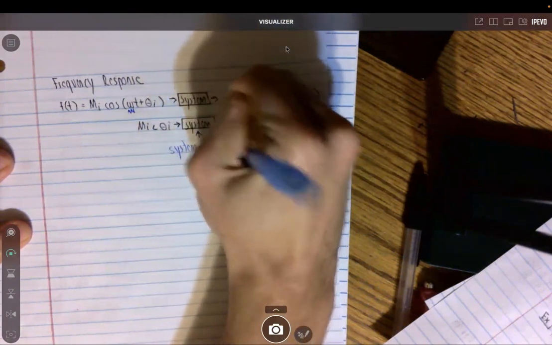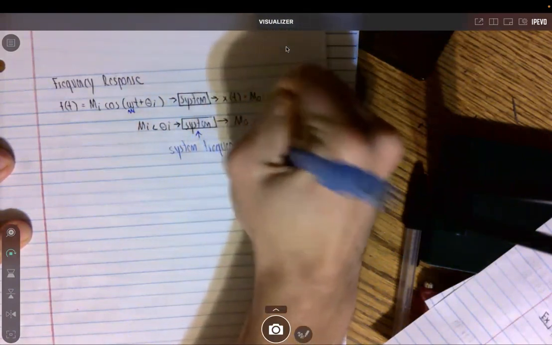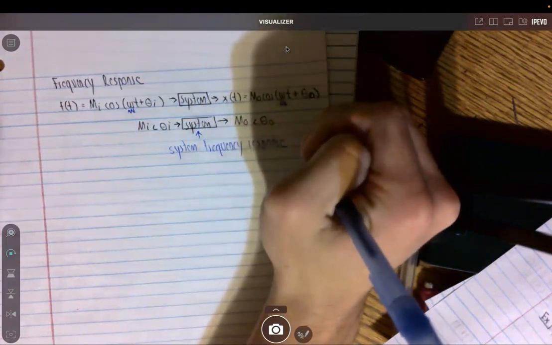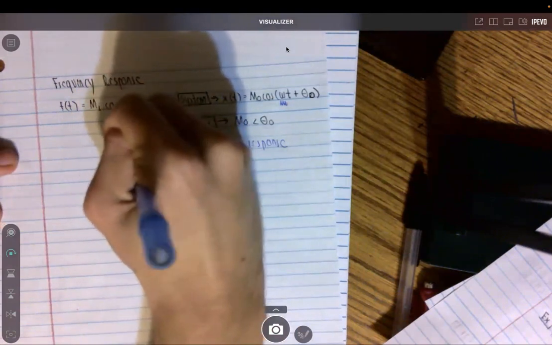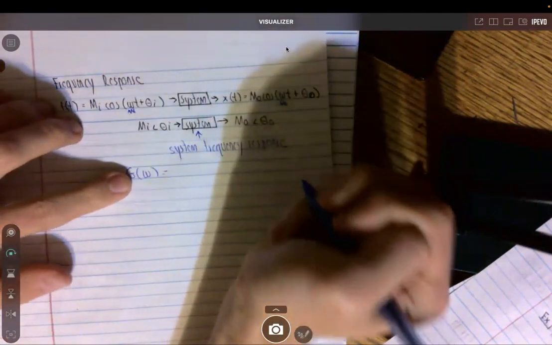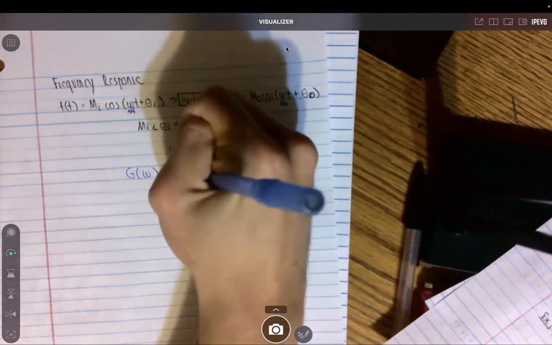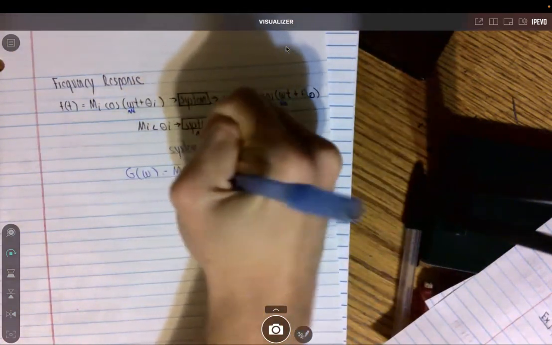And so your system frequency response is going to be given by G of j omega. Notice how we're just dealing with frequency here, and this is going to have a magnitude part and a phase part.